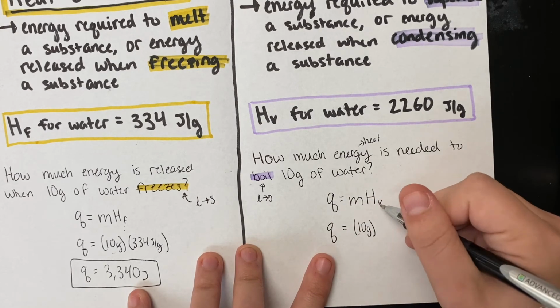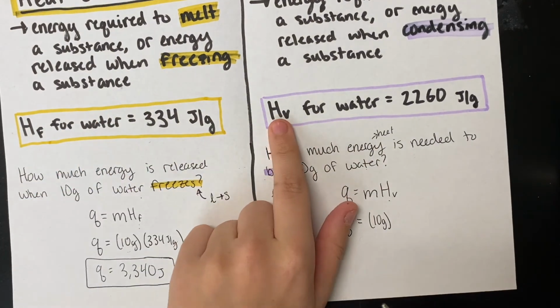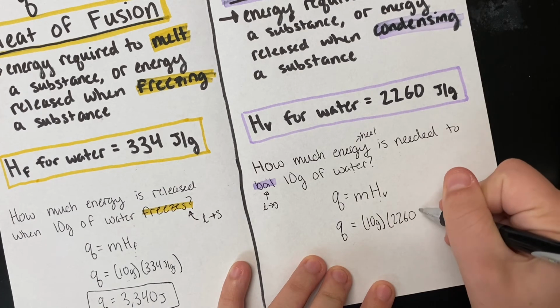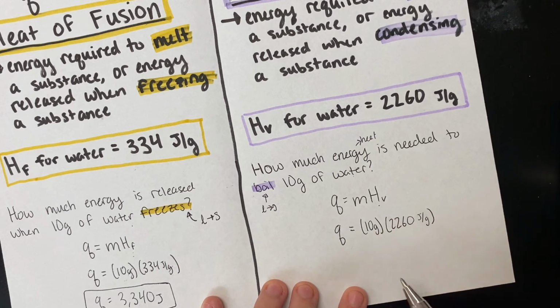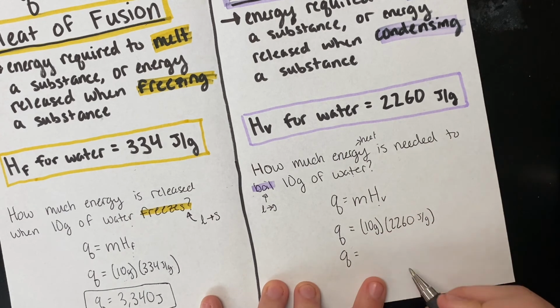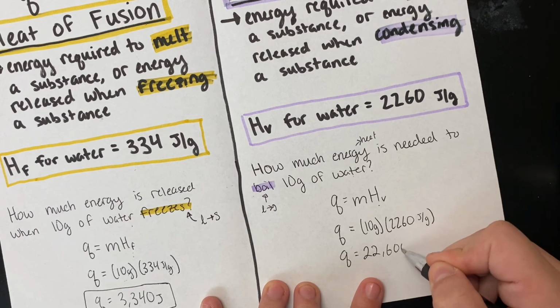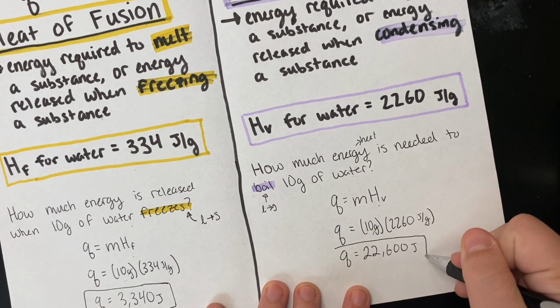So again, we're going to need the HV for water, not the HF, the HV, which is 2,260 joules per gram. Just like before, we're going to multiply those numbers to get our answer. So we get 22,600, and those grams cancel out, so we're left with joules.